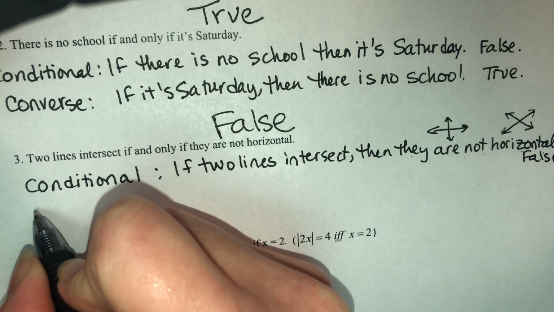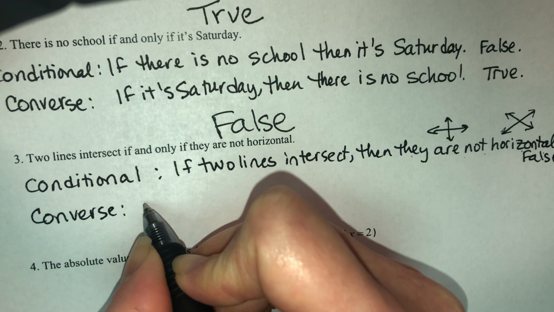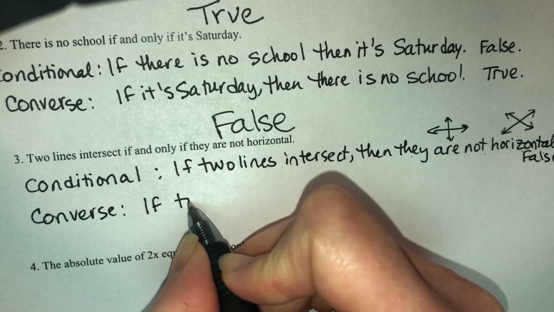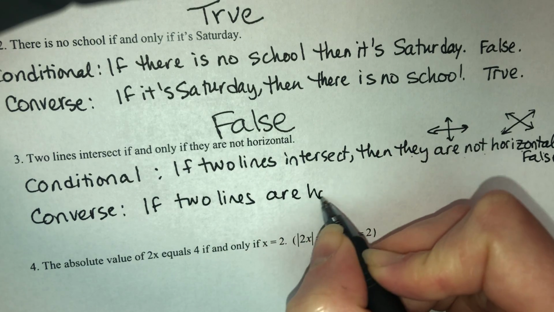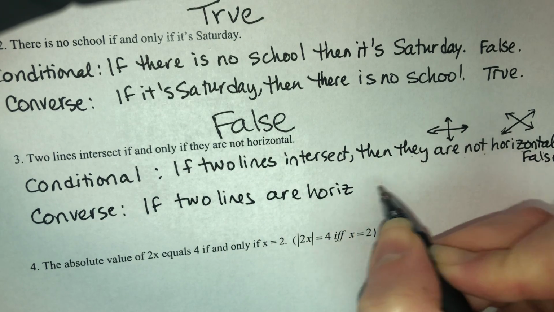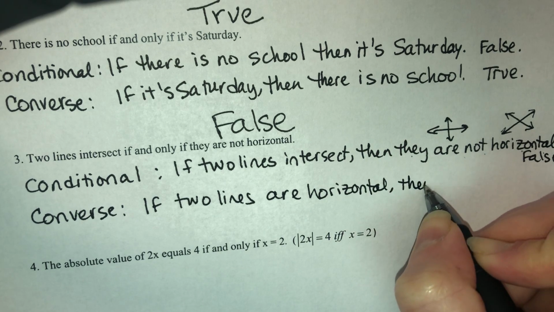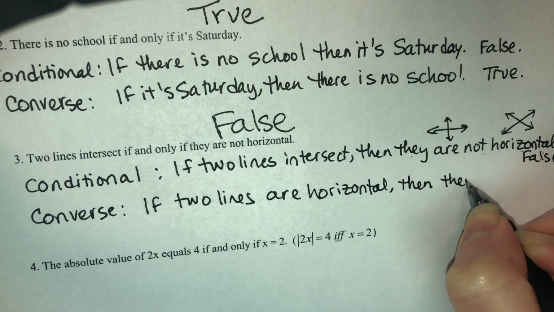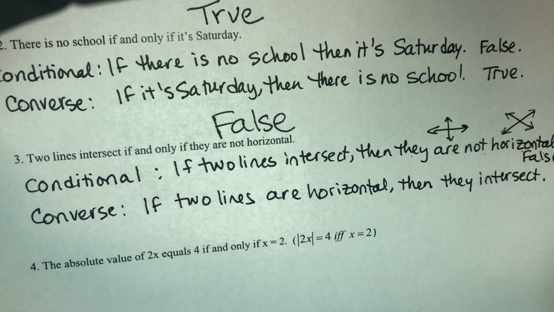How about the converse? If two lines are horizontal, then they intersect. So I've got two lines that are horizontal.